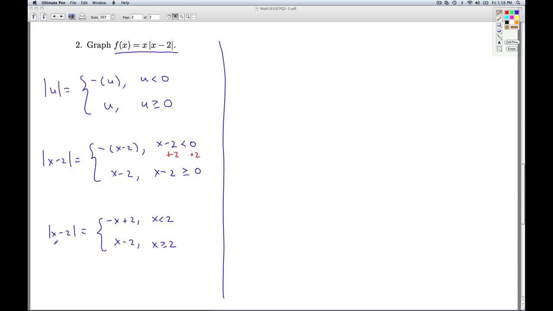So I'm going to substitute these expressions in here for the absolute value of x minus 2 to get my new function f of x. So f of x is x times the absolute value of x minus 2, but the absolute value of x minus 2 is going to be given by this formula for x less than 2, or it's going to be x times this formula for x bigger than or equal to 2.